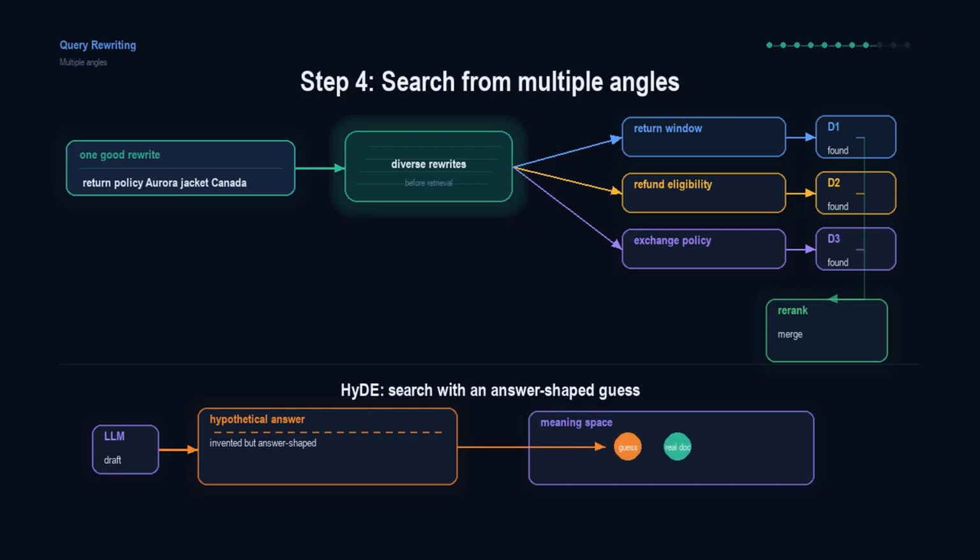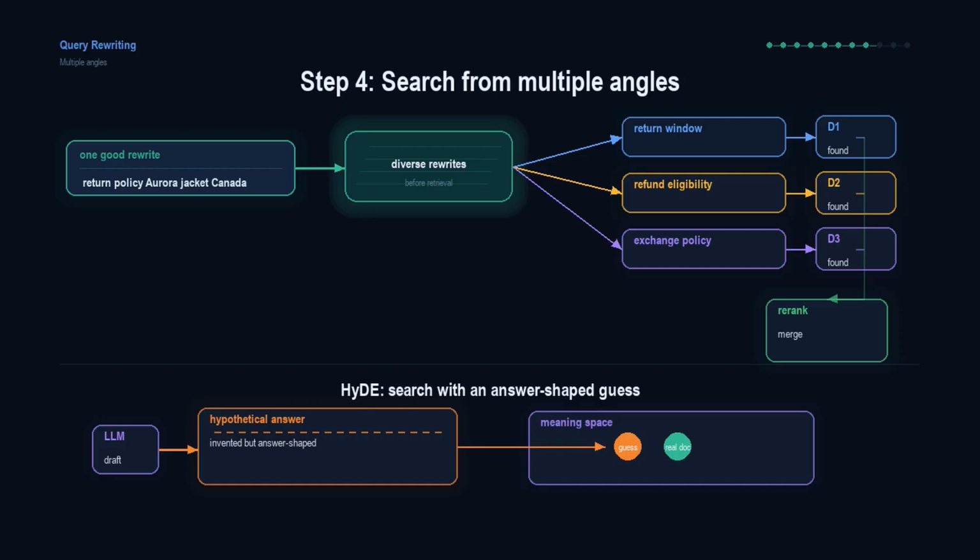The logic is a little counterintuitive. An answer shaped piece of text tends to sit closer in vector space to the real answer than the original question ever did, even when the fake answer gets the facts wrong.